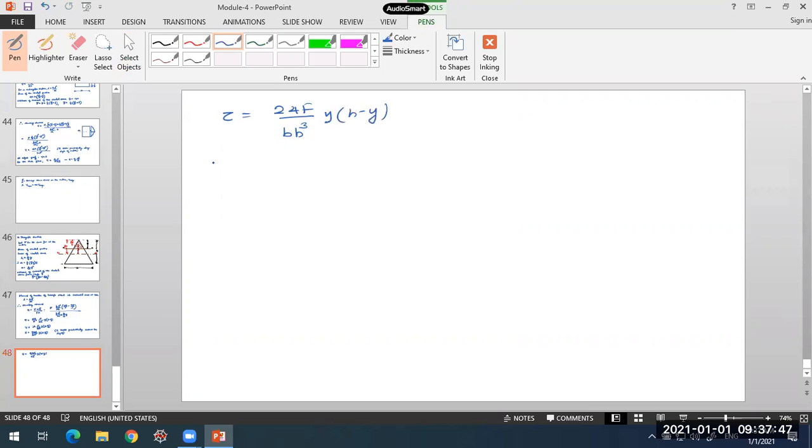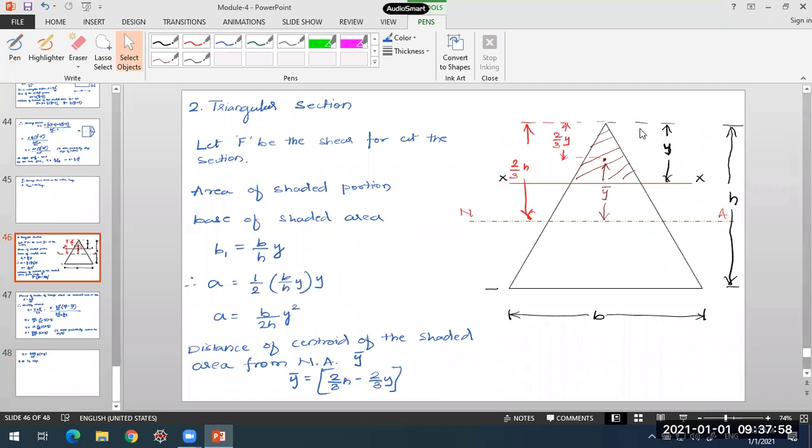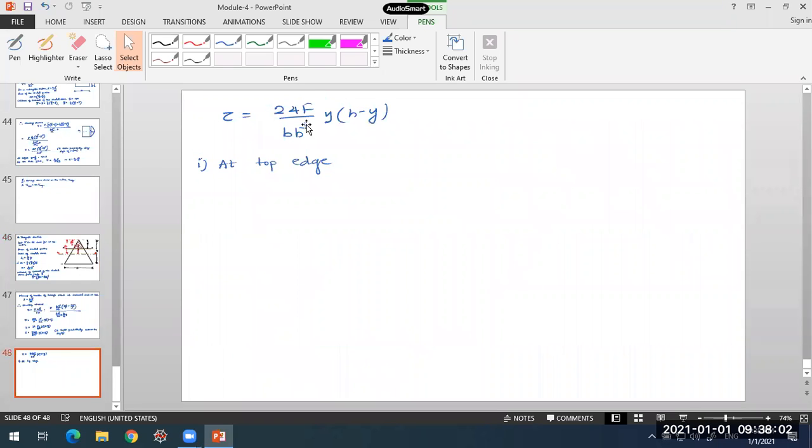Now let us consider 2 points. One is at the top edge. At the top edge, at the apex, y is 0.